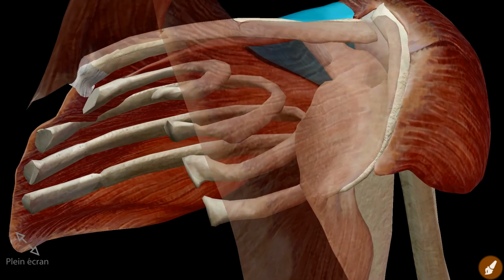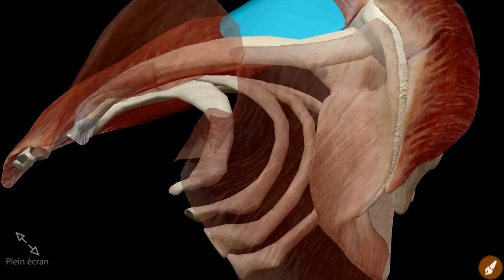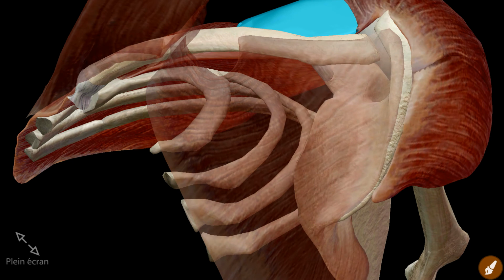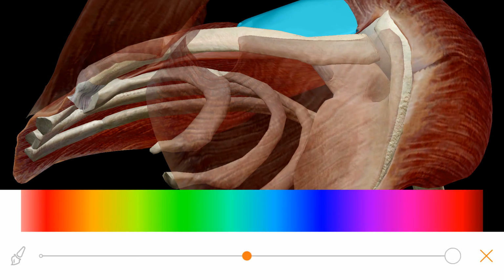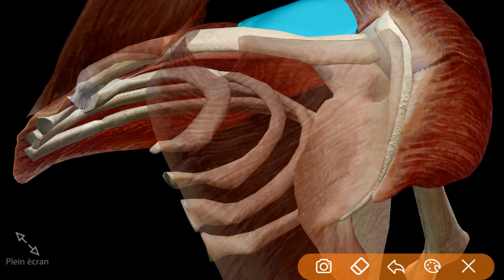The posterior border of the clavicle is completely the opposite. The medial two-thirds are concave, while the lateral third is convex.